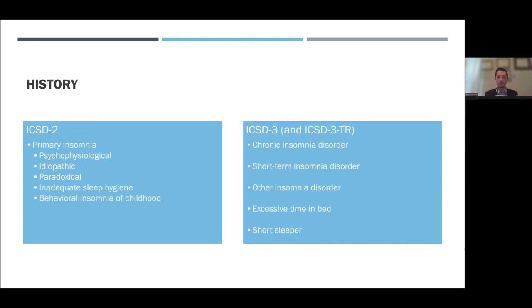So it's similar between ICSD-3 and DSM-5. ICSD-2 also had a breakdown of insomnia into primary and potentially secondary conditions: psychophysiological, idiopathic, paradoxical, inadequate sleep hygiene, which is actually not a form of insomnia, insufficient sleep syndrome, which is a big part of that, and then behavioral insomnia of childhood.